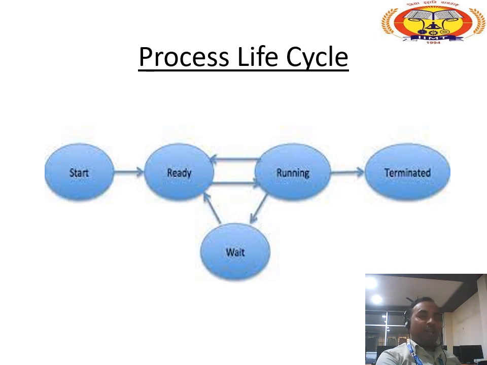It means if any other process wants to hold the CPU at the same time, then this process has to come into this state and wait until the resource is free. So from ready to running, after running it may come to the wait state, then waiting to ready, and again when the CPU is free, it will go to the running state.